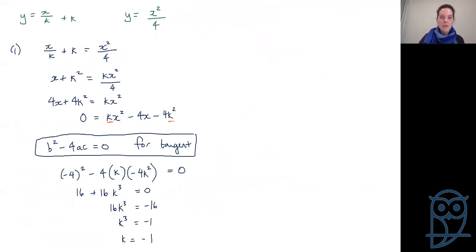So what we can then do is part 2. We know that 0 equals minus 1 times x squared minus 4x minus 4 times (minus 1) squared. Note the brackets for the substitution of a value. Be careful. So 0 equals minus x squared minus 4x.